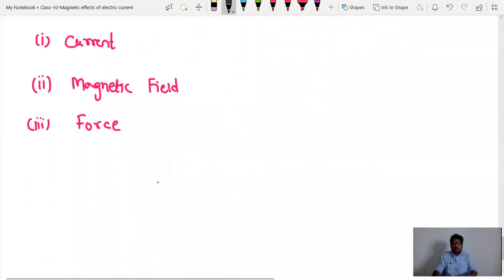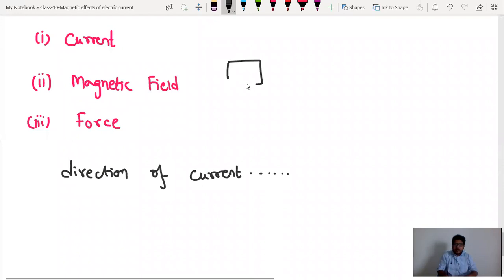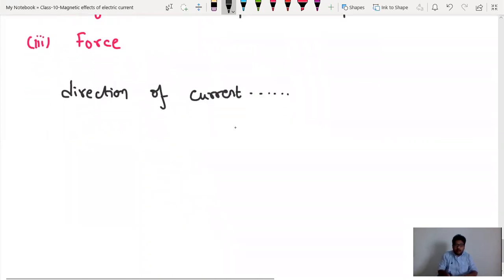And you need to understand one thing: if you want to find force, what should be the direction of current? Here that plays a very major role, guys. Direction of current. If you remember one diagram in the second lecture we discussed, there are two circuits. In the first circuit, positive is this side and negative is this side, and in the second circuit, positive is this and negative is this side. If you place a compass needle, because of the change, we have learned one thing. What we have learned?